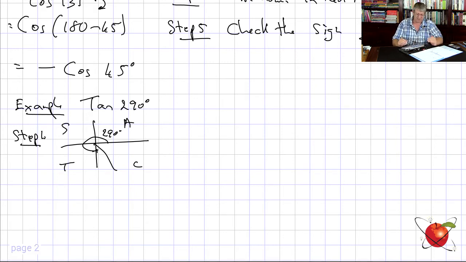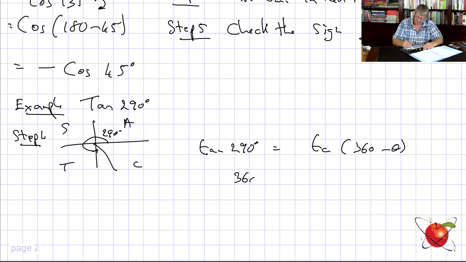Well, let's go through the steps. Step 1 is that. Step 2 is, let's see which one we need. This is the 360 minus. Therefore, tan of 290 degrees is equal to the tan of 360 minus theta. What is theta? All right, so we can say 360 minus theta must be equal to 290.